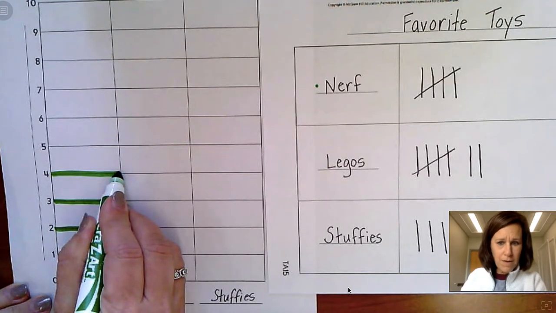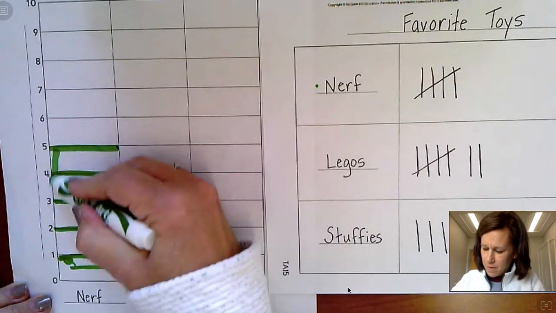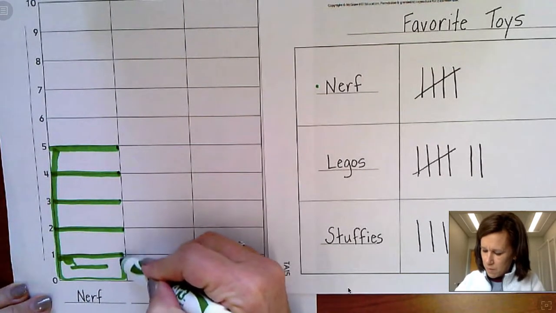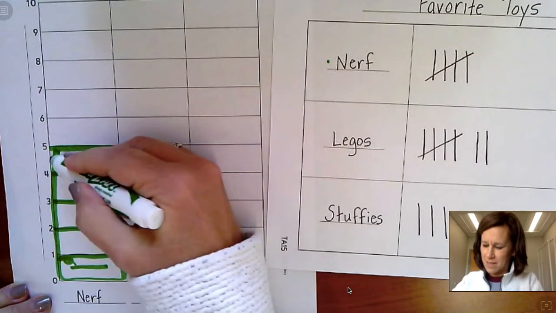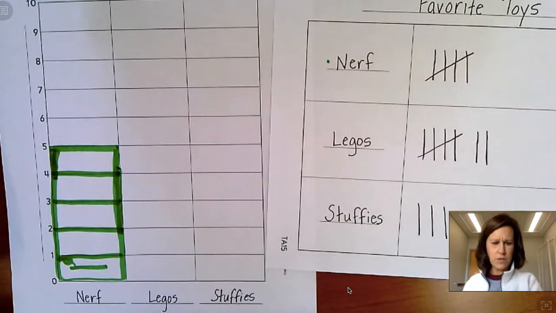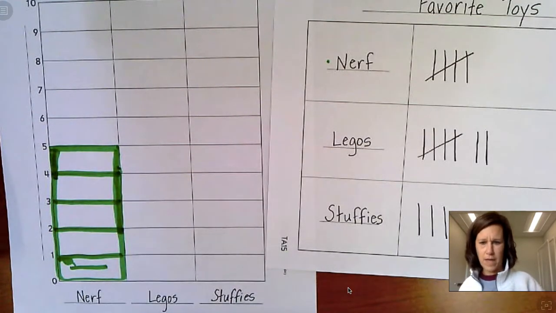Should I keep going? One more, right? 5. Take this, and this will be my first bar. I kind of traced it on the outside. That's one of my strategies for doing my bar graphs carefully and precise, exact on 5. I'm going to come back and color that in a minute.